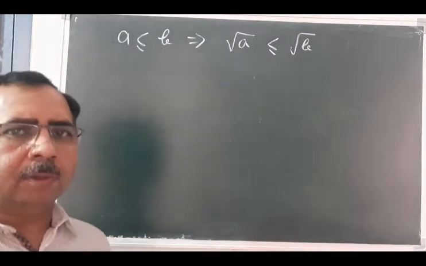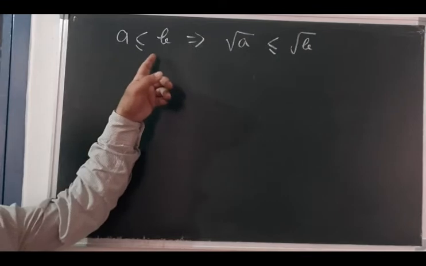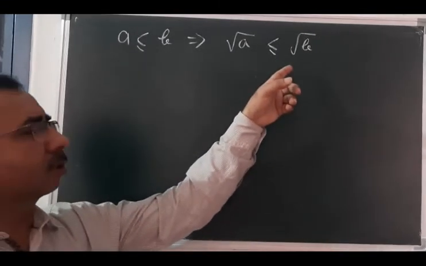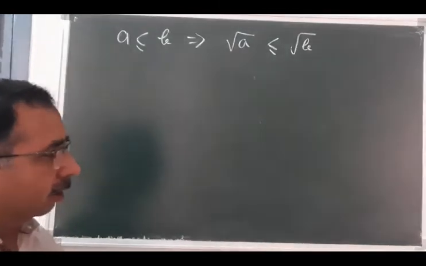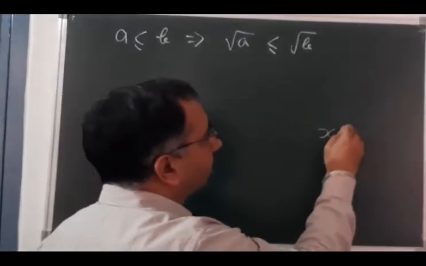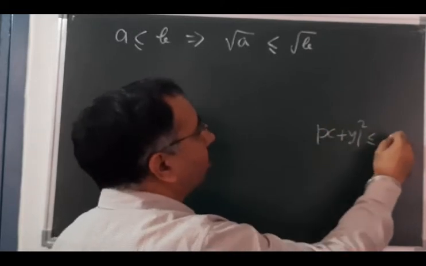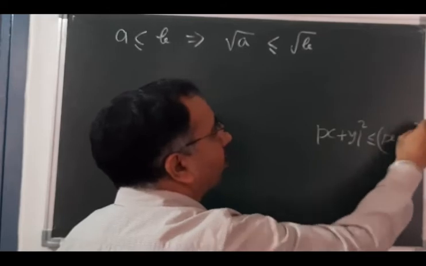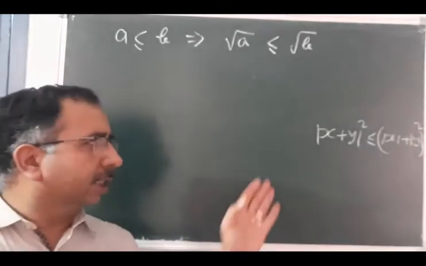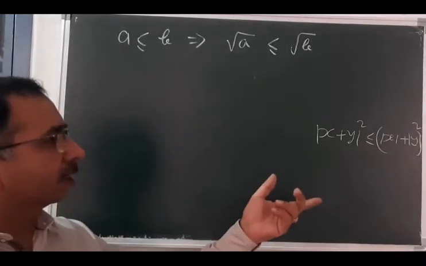In the previous problem, I have used this relation: a less than or equal to b implies root a less than or equal to root b, where I had this equation, mod of x plus y squared is less than or equal to (mod x plus mod y) whole square. Then I said take the square root and you will get the desired result.